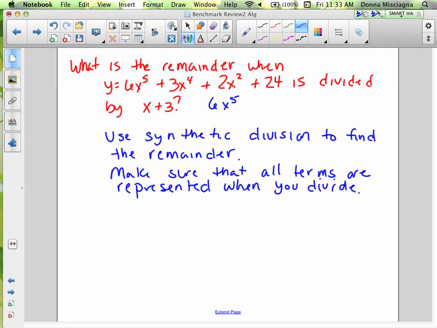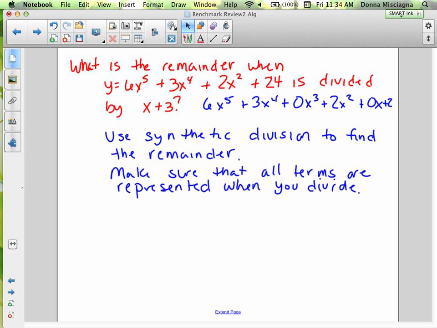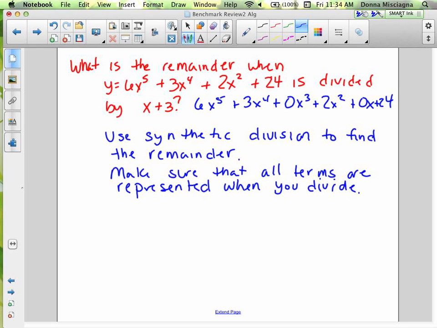Plus 3x to the 4th plus 0x cubed plus 2x squared plus 0x, plus 24. And remember, for synthetic division, if you're using long division, you divide by x plus 3. But for synthetic, which is probably what you want to do, I know I choose synthetic division when I have a choice.